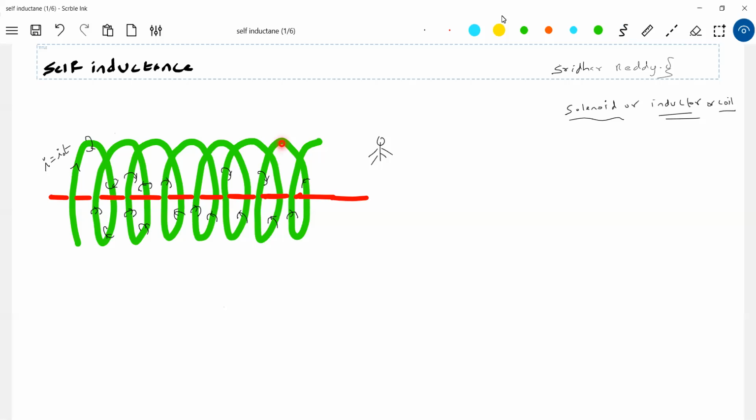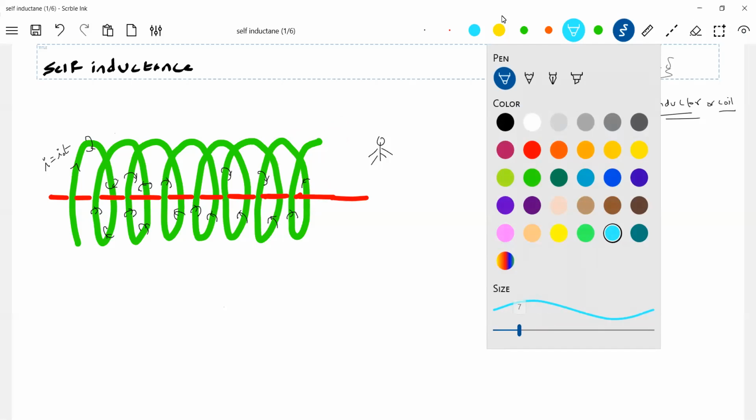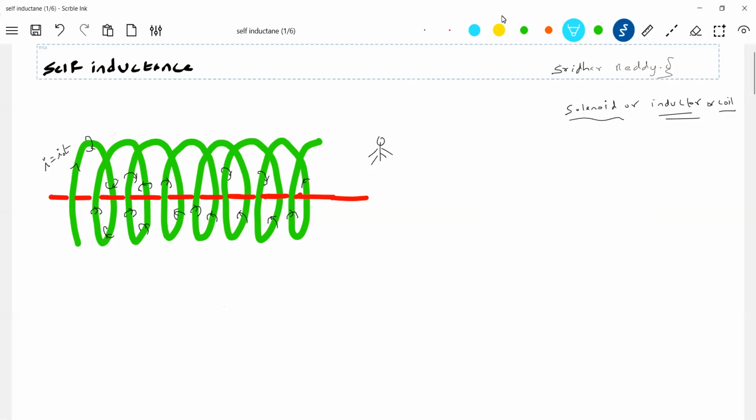The lines of force are very close together. So in what direction will the net field be inside the solenoid? If you're standing here, the net field will be in this direction. The field B produced by the solenoid will be along the axis, directed towards the left here.